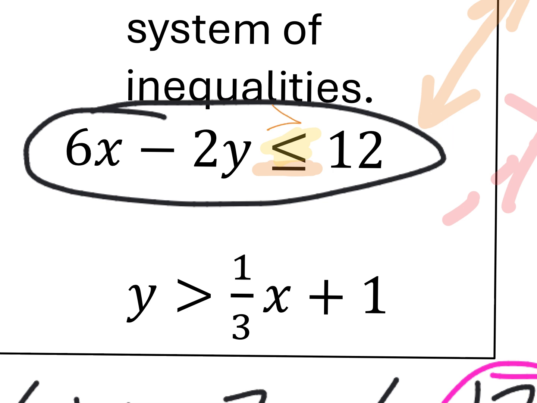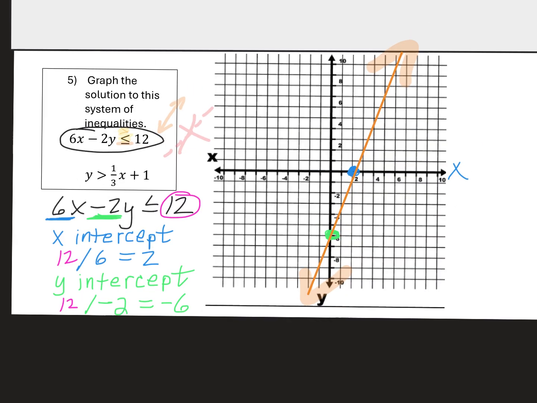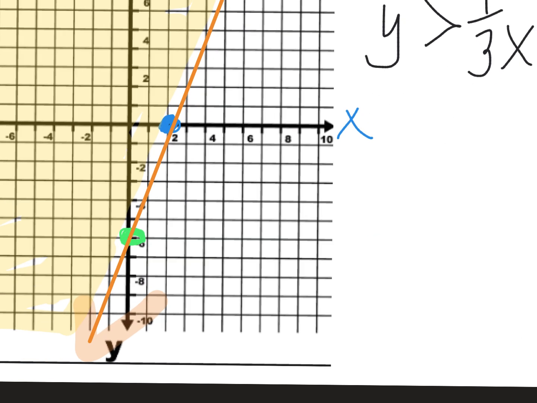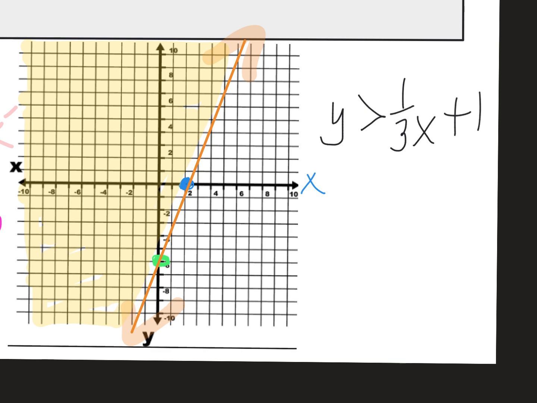So it's actually going to be a greater than inequality. So we're going to shade above the line. Use that Desmos calculator because the Desmos calculator will show you also. So now we have our other inequality that we need to graph.